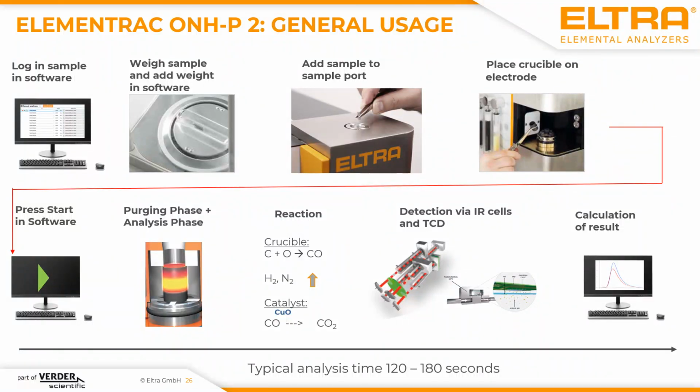You just press start in the software, then the furnace closes, preheats the crucible, and at the same time the sample is flushed with inert gas. After flushing and stabilizing, the sample falls into the hot crucible and the released gases are measured with a TCD and an IR cell. At the end, you get a signal, a measuring curve, which is integrated and shows the measured results.